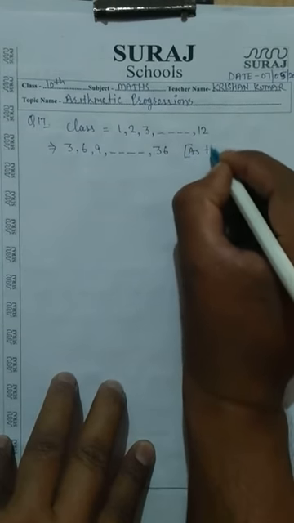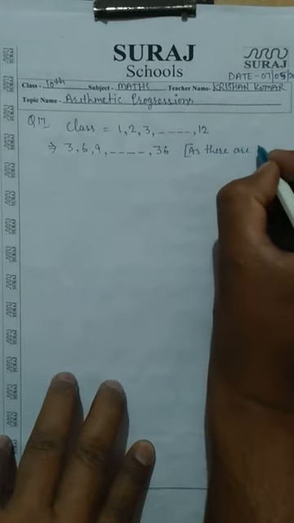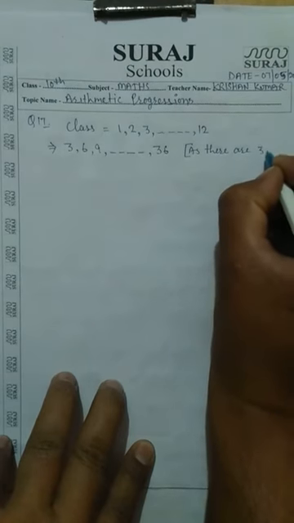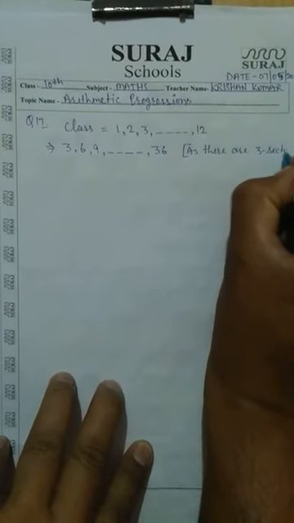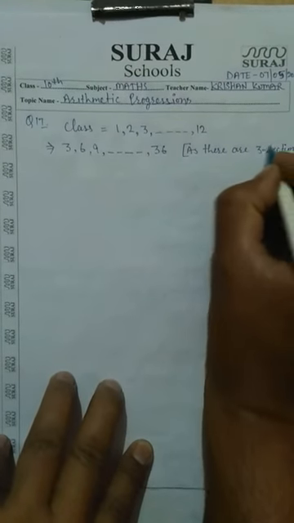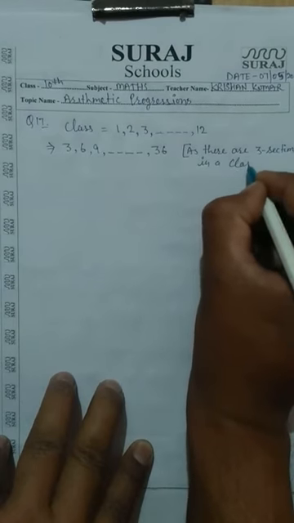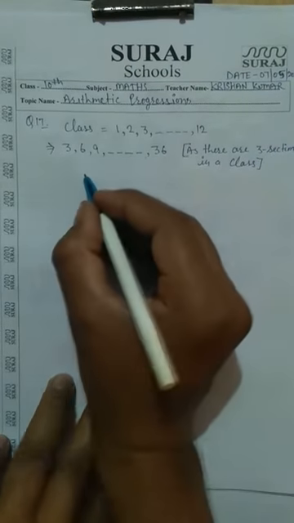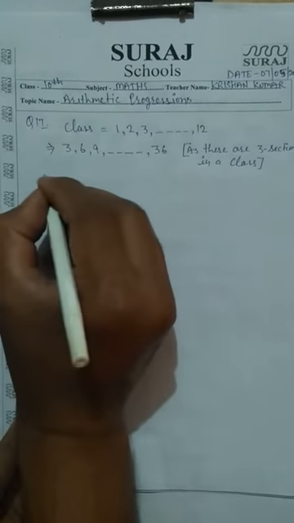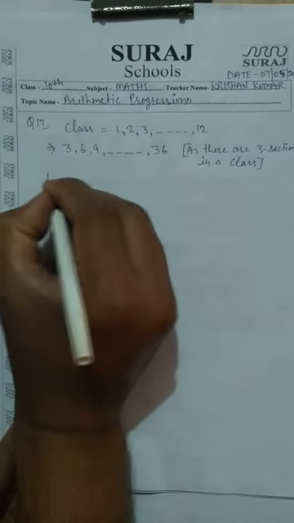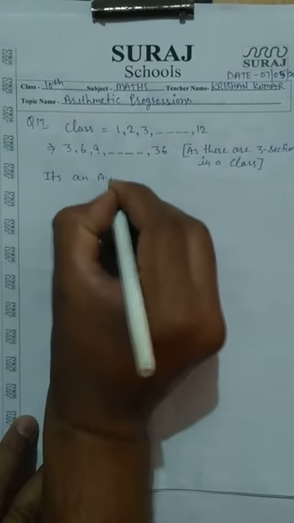As there are 3 sections in a class, beta, it is an AP.